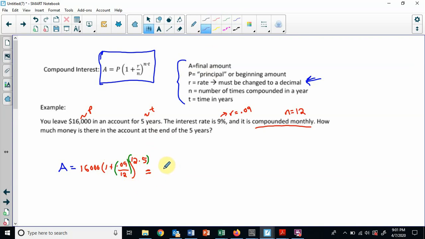But if you put this in a calculator, you'll get, let's see. I think I've typed it in a calculator, and I believe that I missed a decimal place. So let me type this in my calculator again. So let's see. We'll go 16,000, parenthesis, 1 plus parenthesis 0.09 divided by 12. Close one parenthesis, close the next parenthesis.